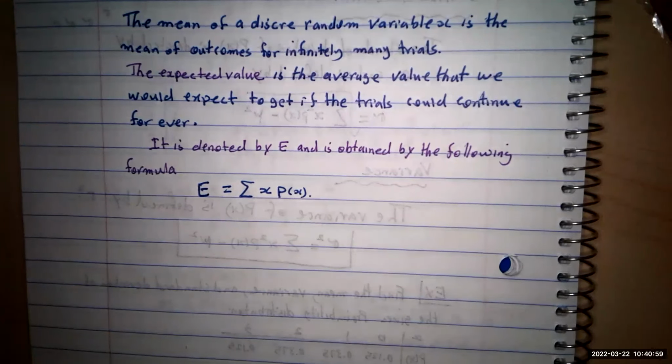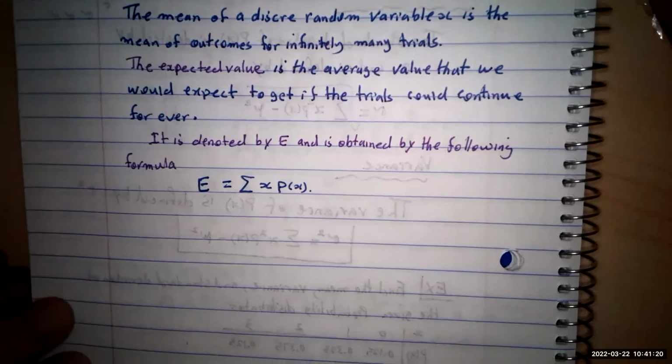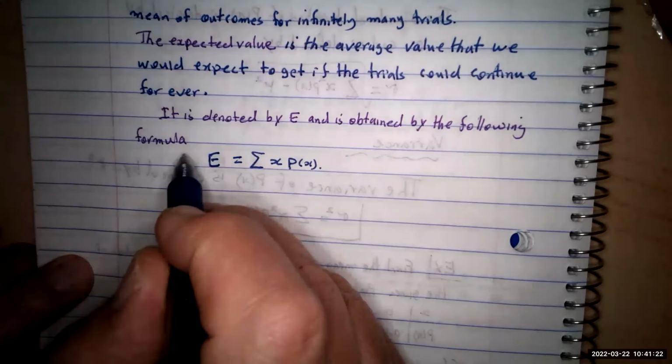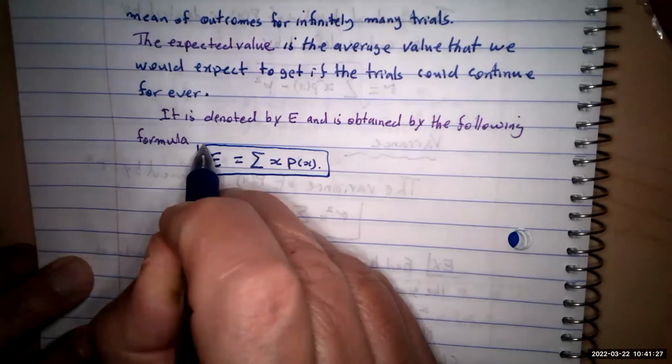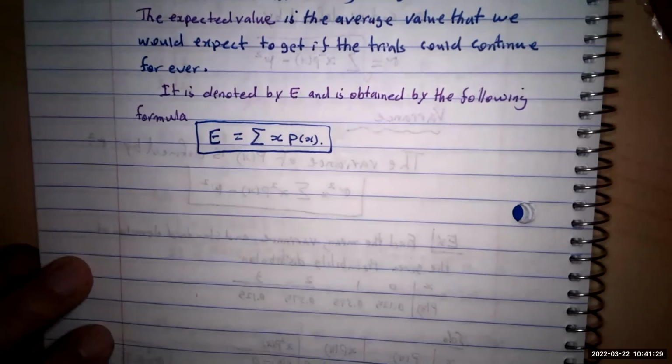Okay, so it's denoted by E and it's obtained by the following formula. The formula is going to be the same, but you are going to use the notation E for the expected value.